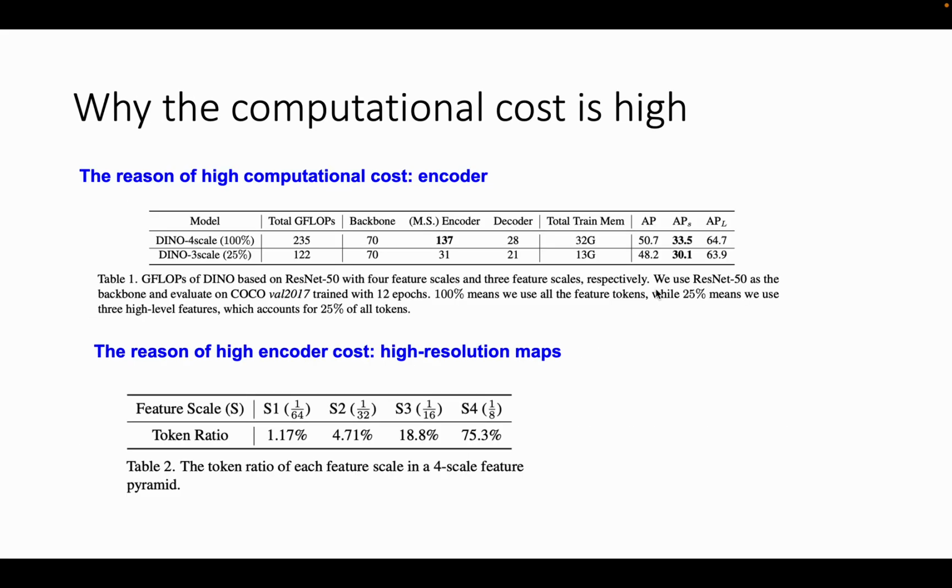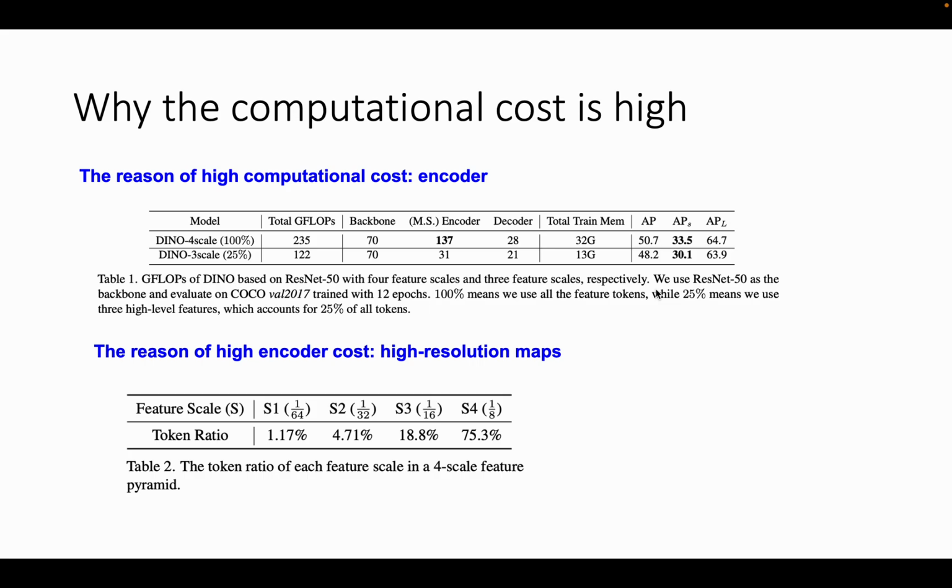What motivates this work is that we find the computational cost in DETR-like models, especially in advanced detectors that use multi-scale features, is very high. When we tried to find out why, we found that the first reason is the encoder.